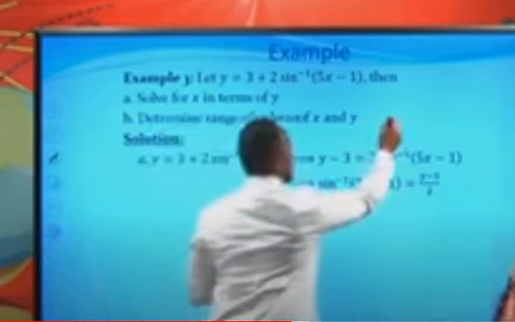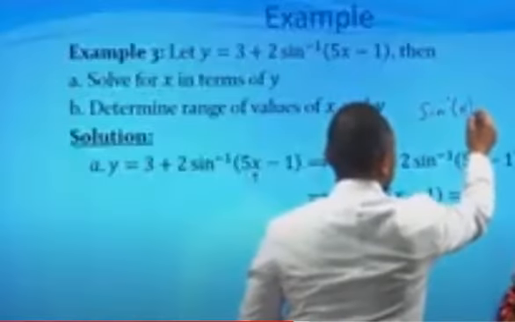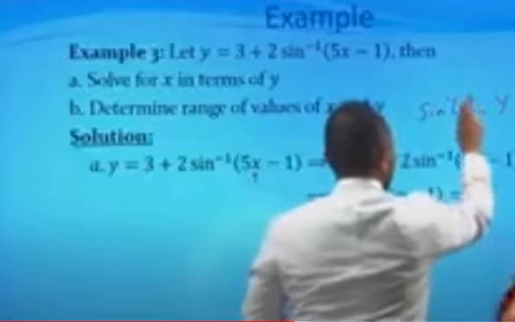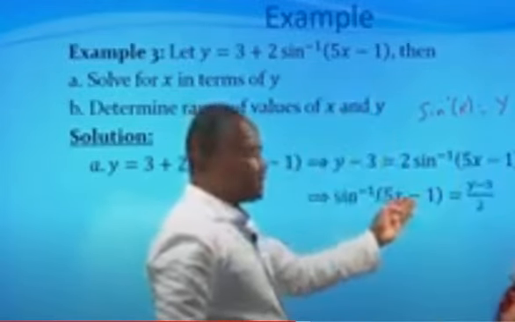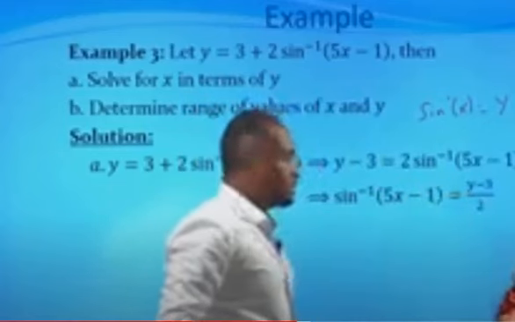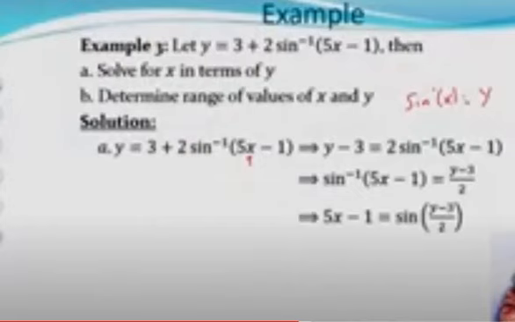So 5x minus 1 is equal to sine of y minus 3 over 2.